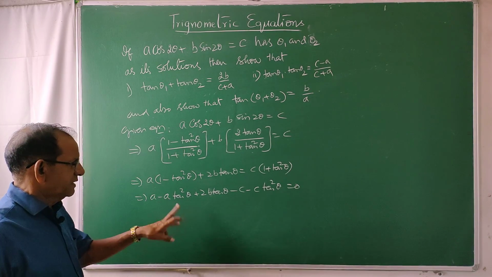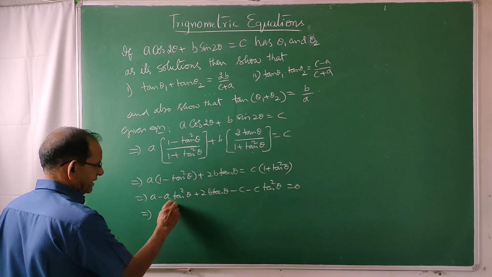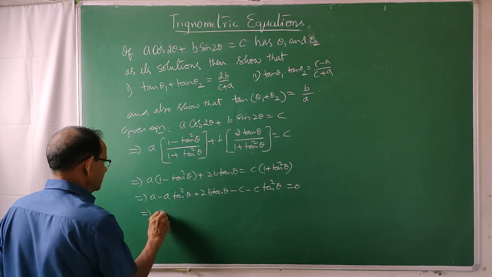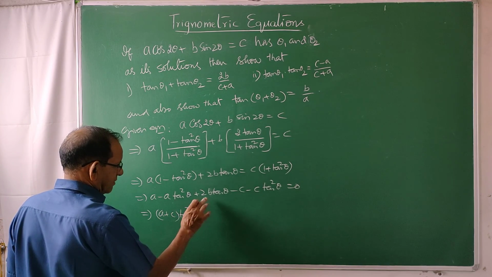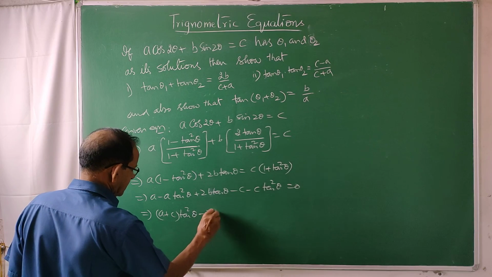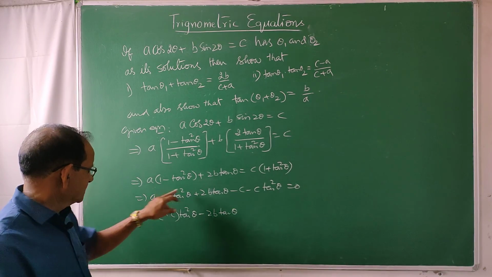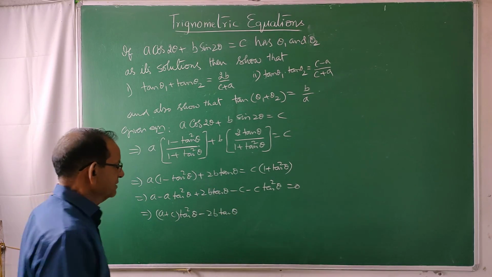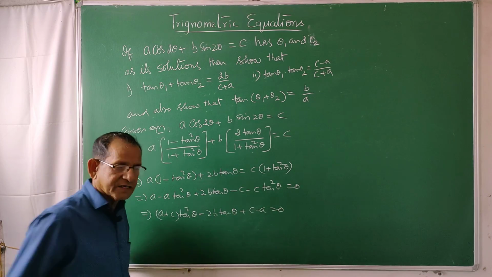To avoid the minus sign, let us multiply both sides by minus 1: a plus c into tan square theta minus 2b tan theta, and because we are multiplying by minus 1, a minus c becomes c minus a.